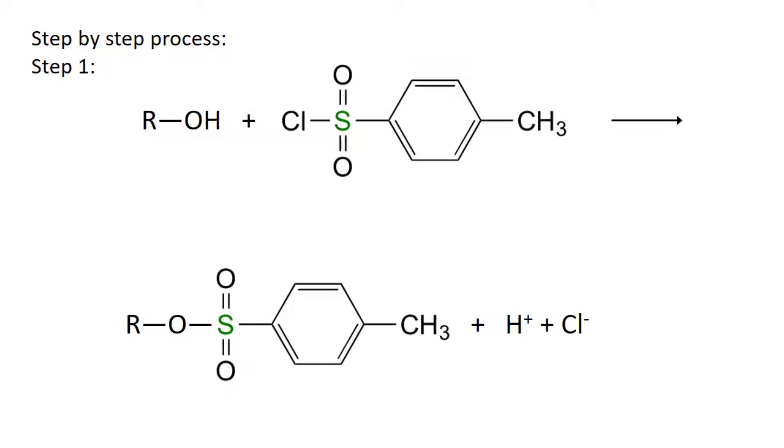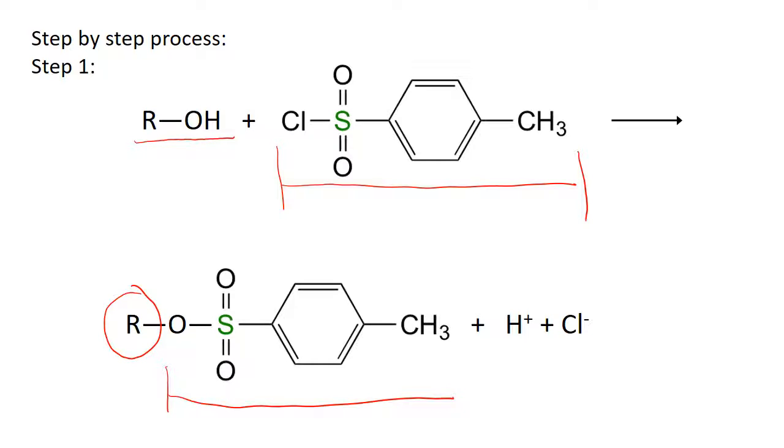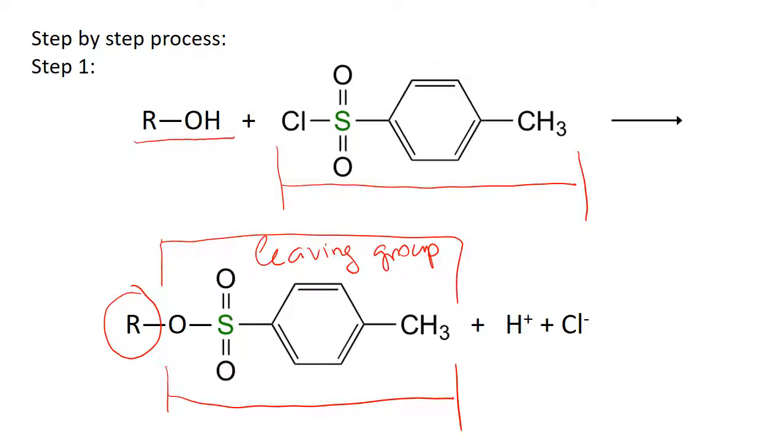Now let's look at this reaction step by step. Here, again, our organic alcohol, and this is a tosyl chloride. Now this reaction basically results in our organic molecule being reacted with tosylate, and we get the tosylate here as now a leaving group that is attached to our organic molecule.